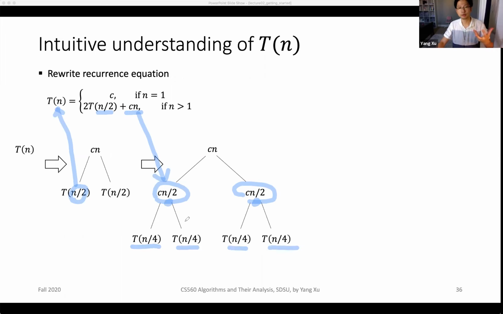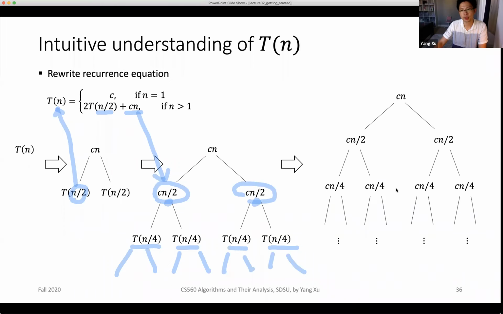So in theory, we can further split all these nodes in the tree to get taller and taller trees, until the subproblems are small enough that there's no way to further divide them.